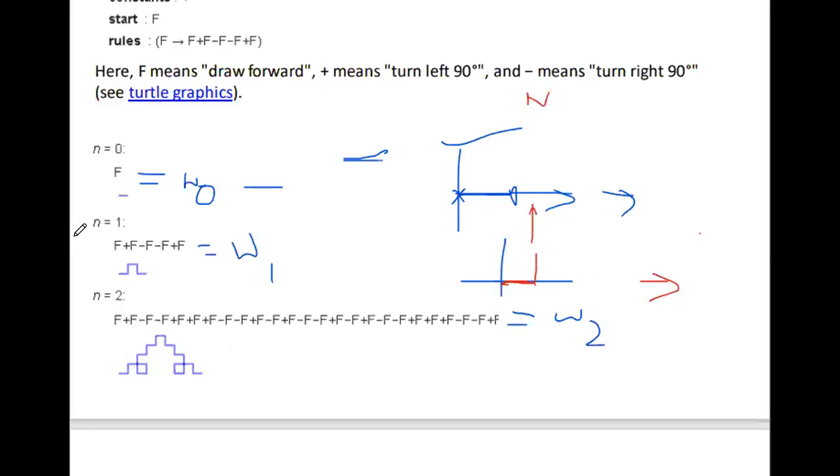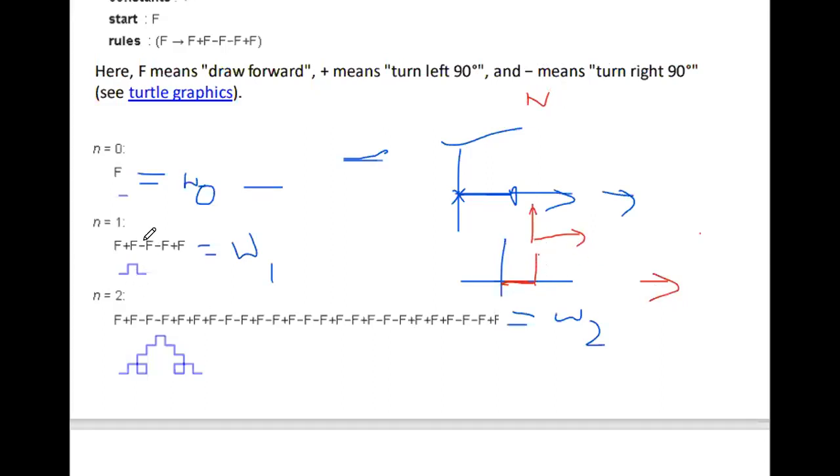Then here you encounter this symbol, negative. Negative means turn right by 90 degrees. He's facing this direction now, but his position is here.